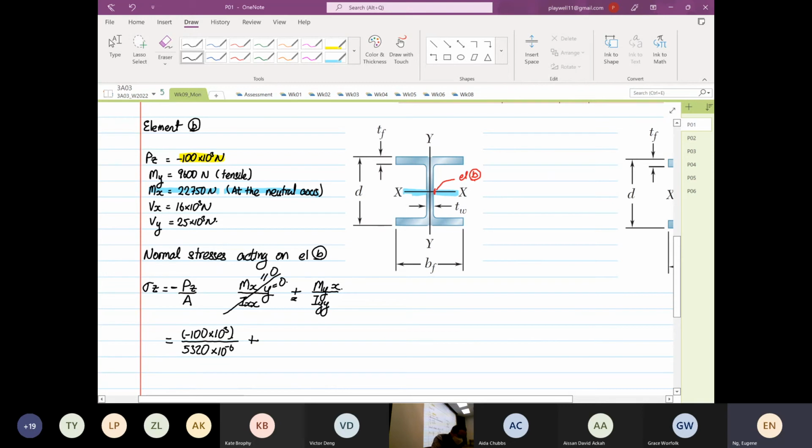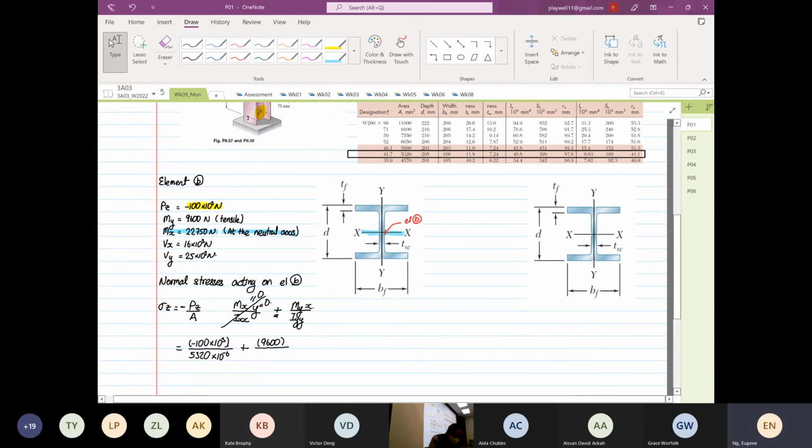Plus the moment in Y, this is equal to 9600 divided by Iyy. Again you go back to the table to look for the Iyy value, 9.03 times 10 to the power minus 6.